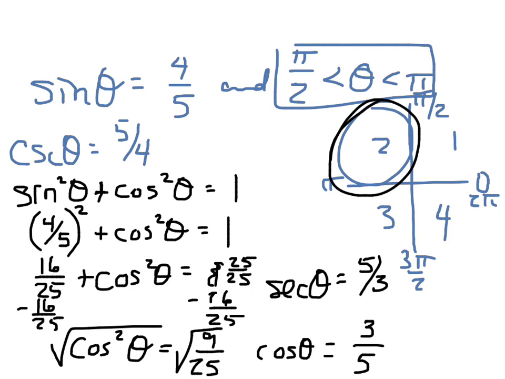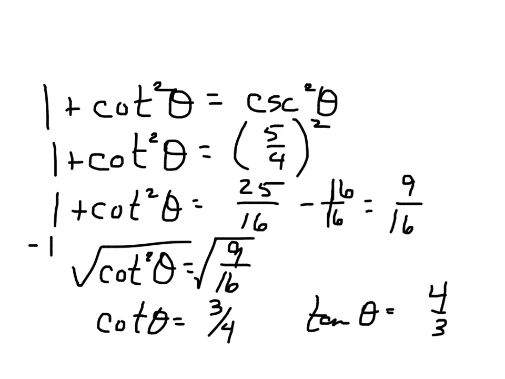Because we were in quadrant 2, the cosine is negative. If the cosine's negative, what else should be negative? The secant should be negative. What else should be negative if the cosine is negative? Cotangent, and also then the tangent.